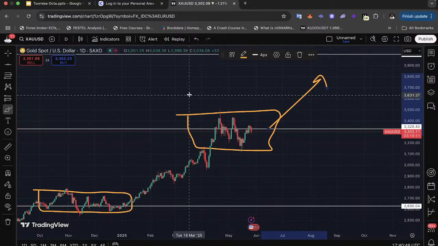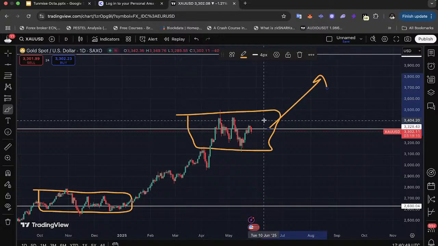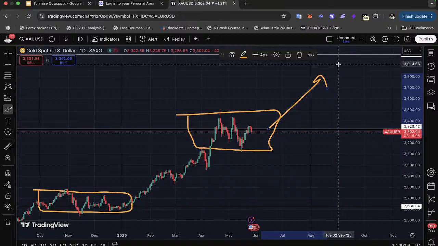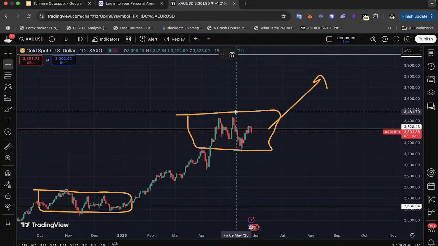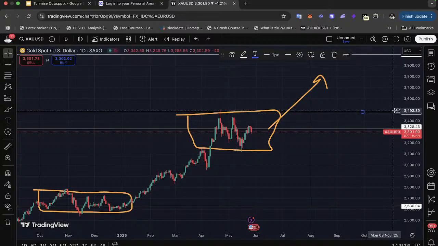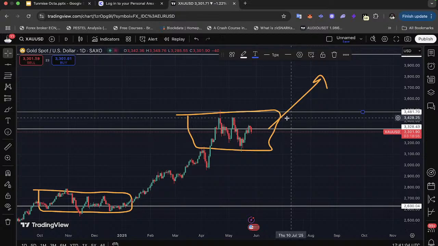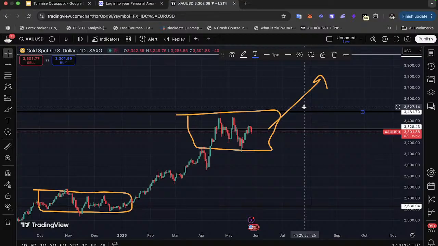So any breakout of this ranging box, gold is going ahead to touch 4,000 USD. For you to position for this, you are waiting to see gold close above 3,400. So if gold closes at 3,500, then you are good to buy.